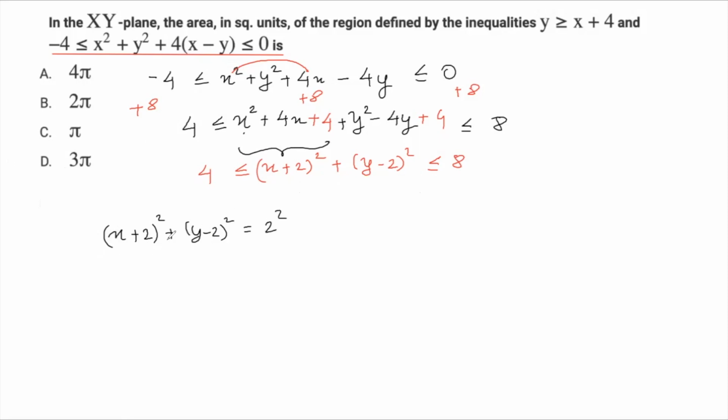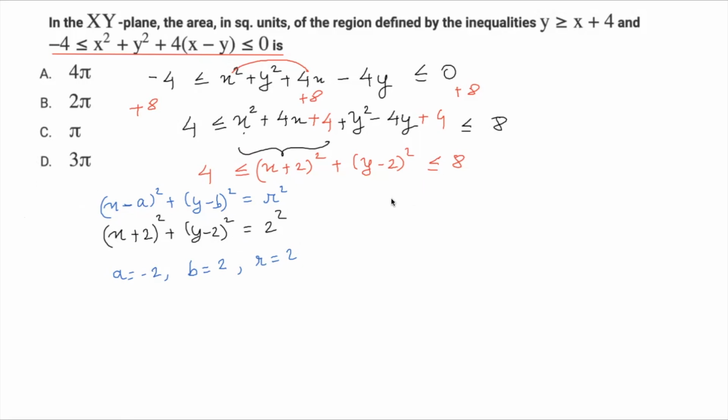This resembles the standard equation of a circle, guys. (x − a)² + (y − b)² = r², where a is the x coordinate of the center of the circle, b is the y coordinate of the center, and r is the radius. So I've simply transformed everything into the center-radius form of the circle. I can now compare: a is −2, b is 2, and radius r is also 2. This equation represents a circle having radius 2 and center coordinates (−2, 2).